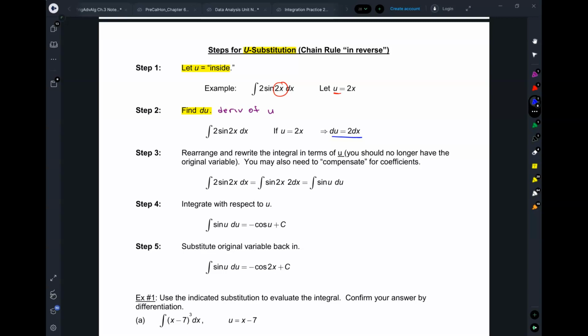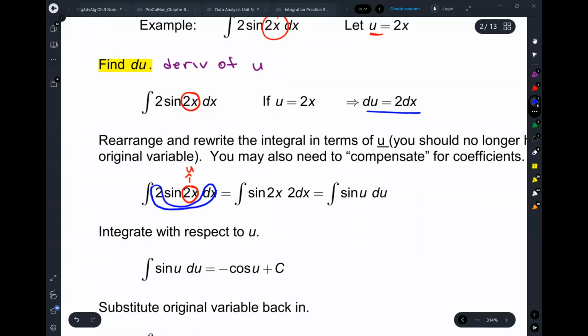So take a look at this. Here I have sine of 2x. That right here too, sine of 2x, that is the u, correct? And now, what do I have outside of this? I have 2 dx. Do you see that?